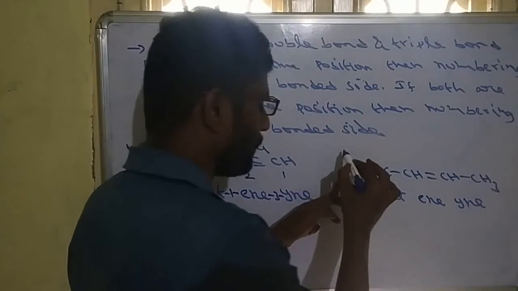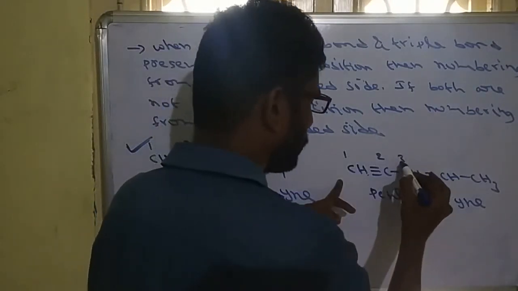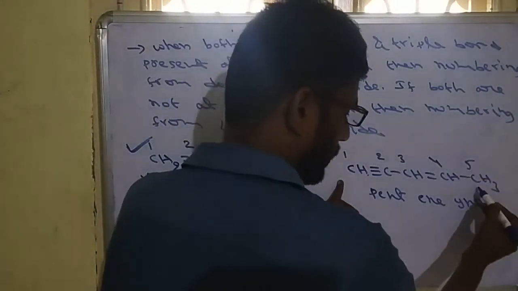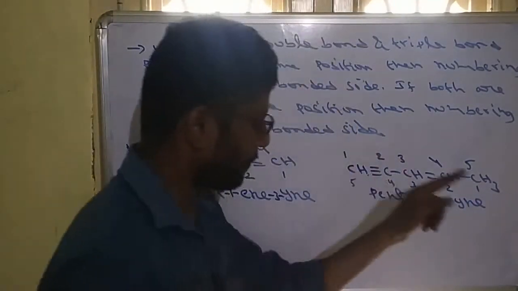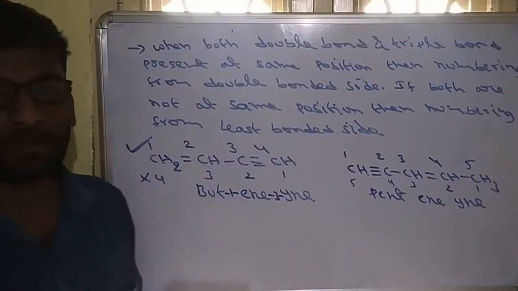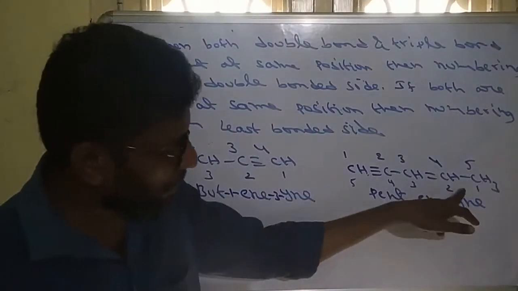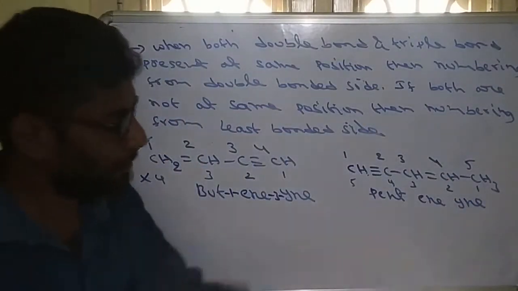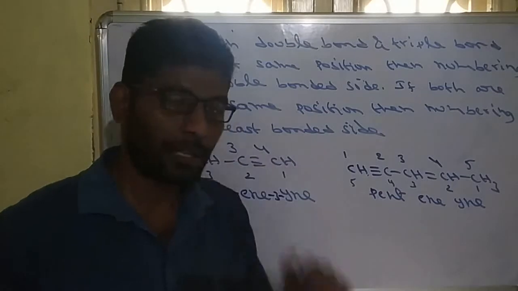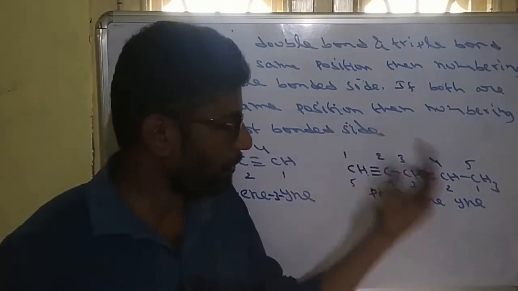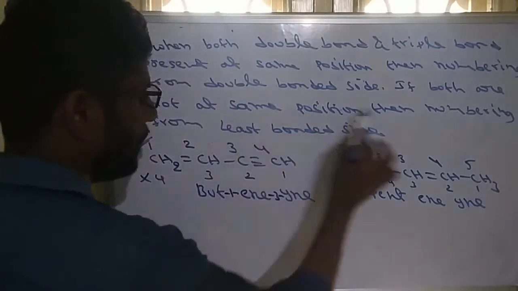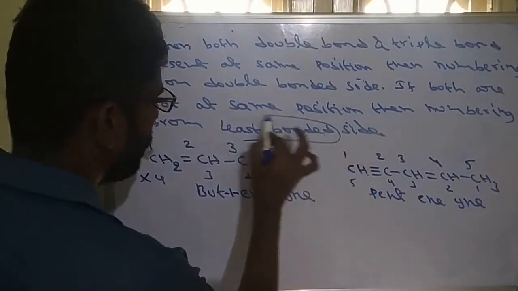We are giving numbering from this side. 1, 2, 3, 4, 5. We are giving from this side. 1, 2, 3, 4, 5. From this side, triple bond position is 1. From this side, double bond position is 2. So double bond is the 2, but triple bond is the 1. That means both are at a different position. When both are at different position, then numbering from least bonded side.